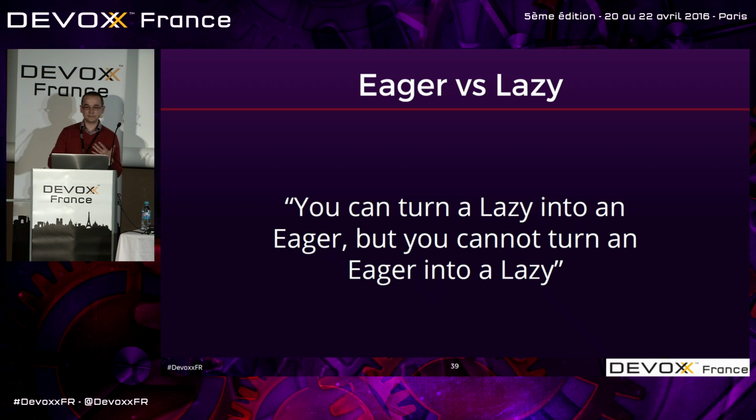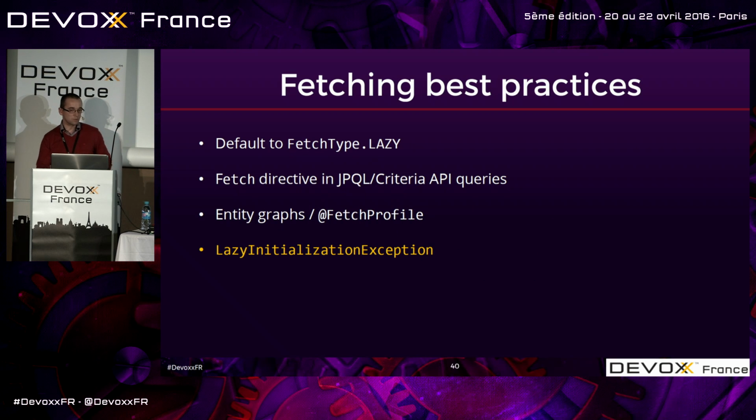It either translates to a join or to a secondary select that's going to be executed. So that's why it's better to defer this decision as much as possible, to have the context of the data that you want to fetch, and use lazy as a default, and override the lazy with eager at query time. And you can do that, for example, in JPQL, where you have the join fetch directive for that.